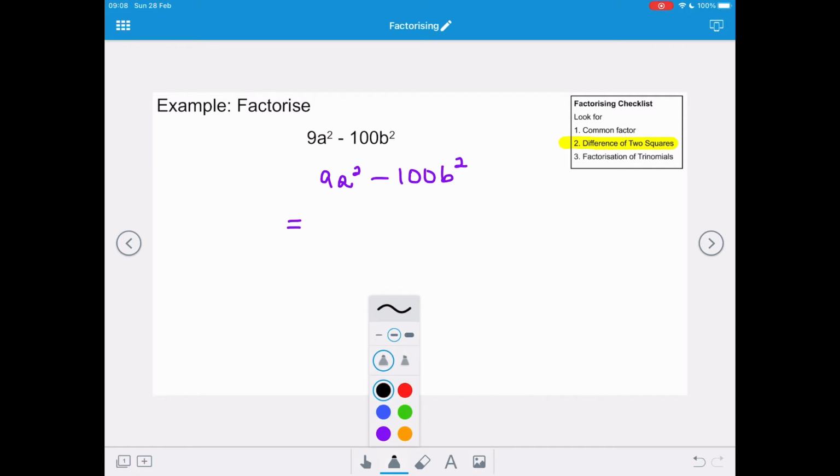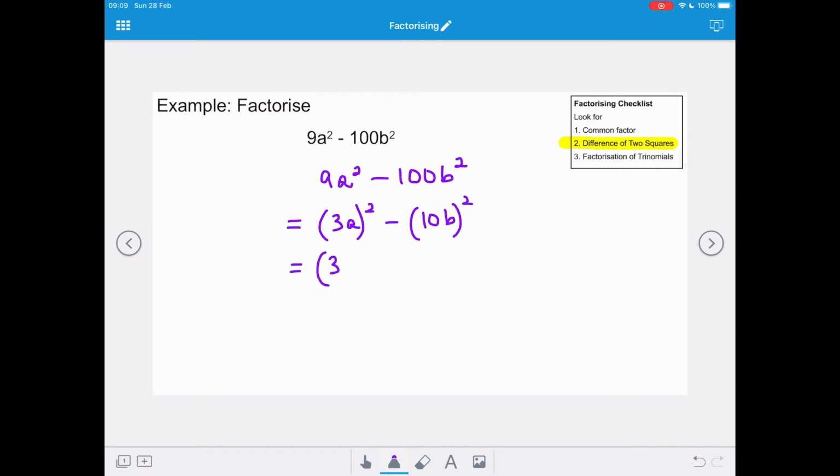There's two terms separated by a subtraction sign, so this is a difference of two squares. So the first term, if we square root it, will become 3a. So we've got 3a all squared minus 10b all squared. And now we're going to write our two brackets with 3a take away 10b in the first bracket and 3a plus 10b in the second bracket to be our factorization.